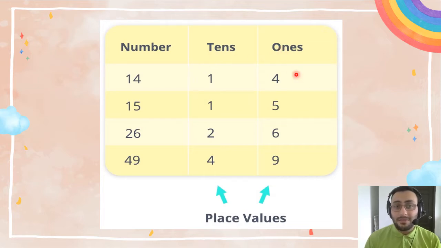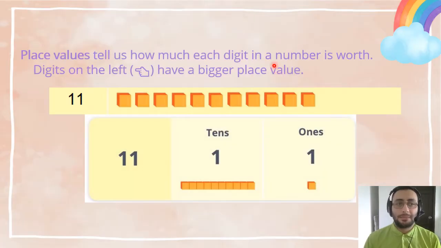These are the place values of each digit. Let's look at the number 49. 4 is in tens, so we say we have 4 tens and 9 ones. See, place value is pretty easy.